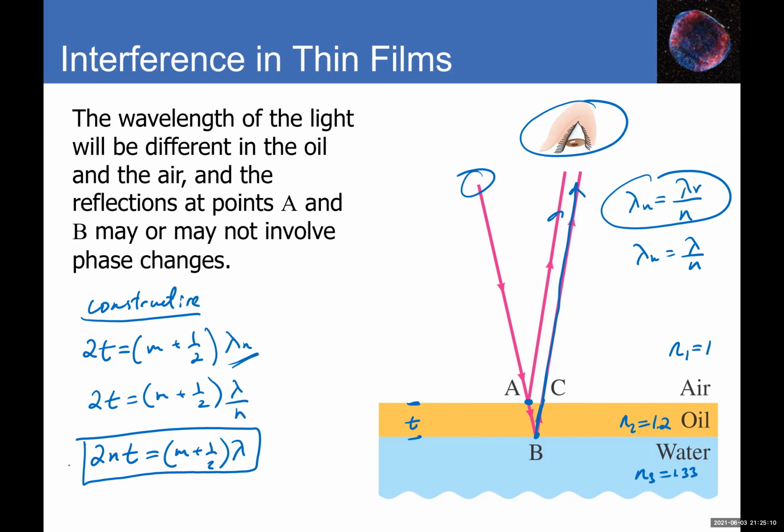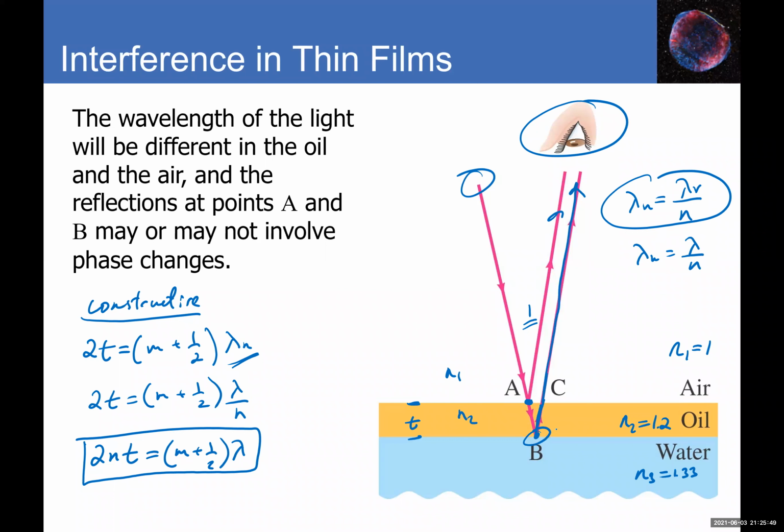One of the things we're going to talk about is the condition where light goes from a lower index of refraction to a higher index of refraction, and then it actually undergoes a phase change. The first ray, when it goes from N1 to N2, reflects off the surface between N1 and N2. N1 is lower than N2, so ray 1 undergoes a 180-degree phase change.